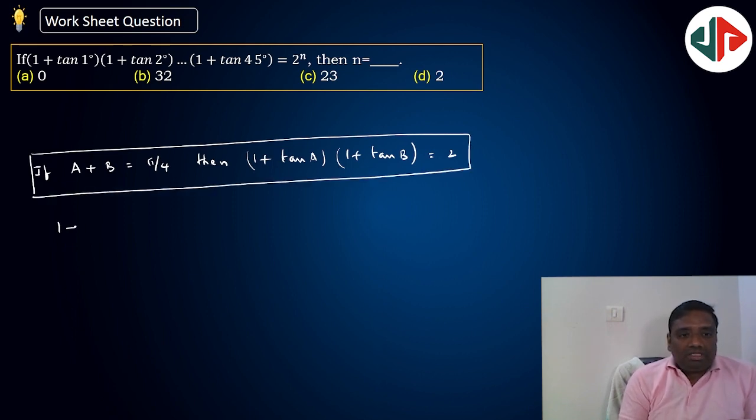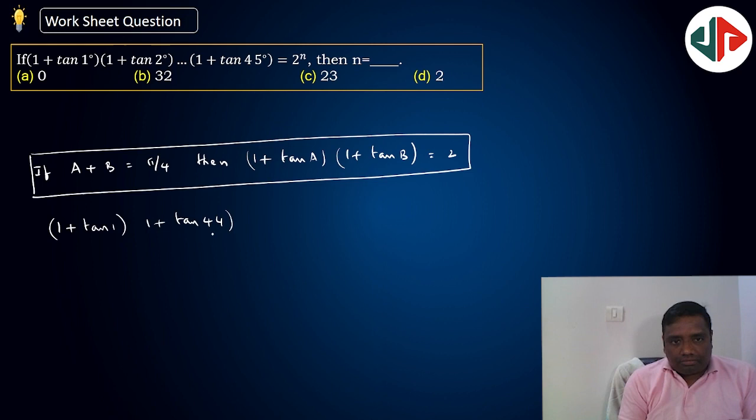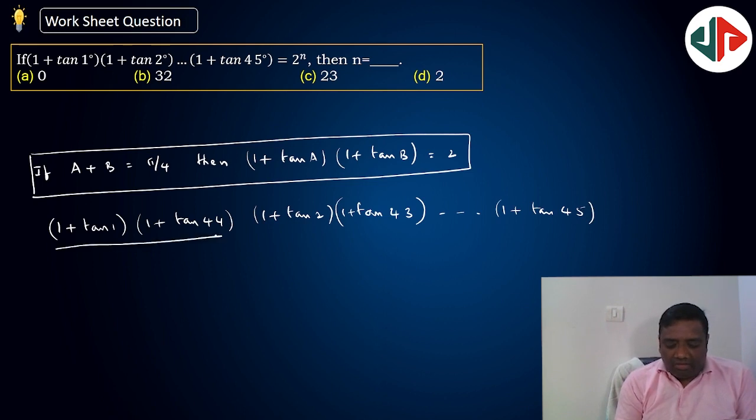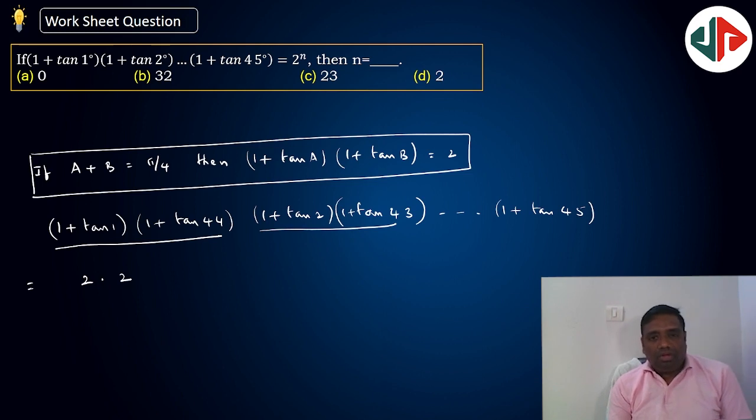Using that property, 1 plus tan 1 into 1 plus tan 44, 1 plus tan 2 into 1 plus tan 43, and so on, up to 1 plus tan 45 degrees. So this value is always equal to 2 only, and this value is also always equal to 2.